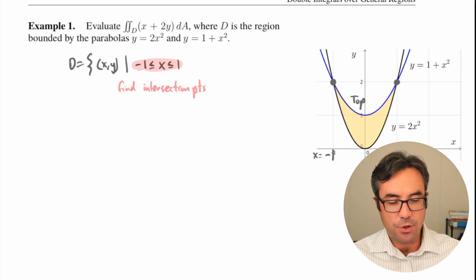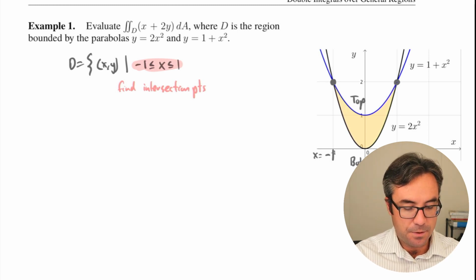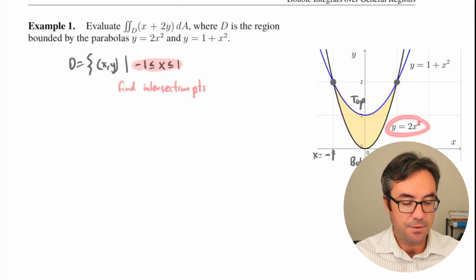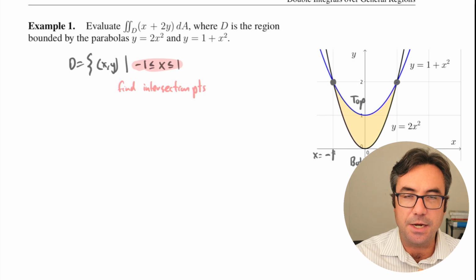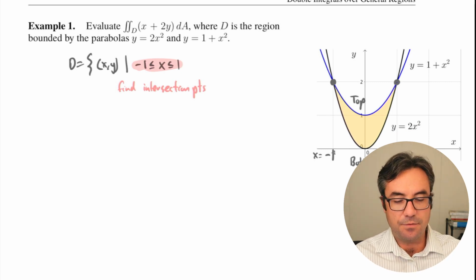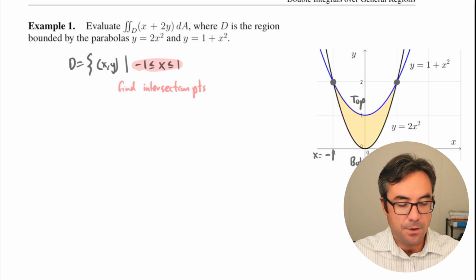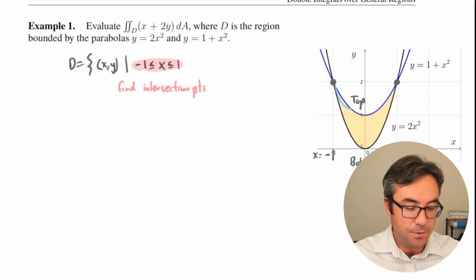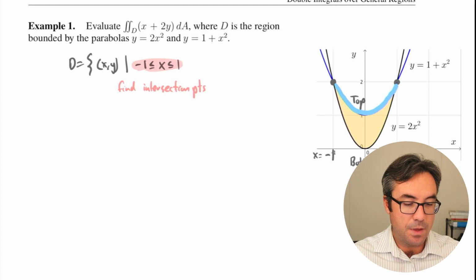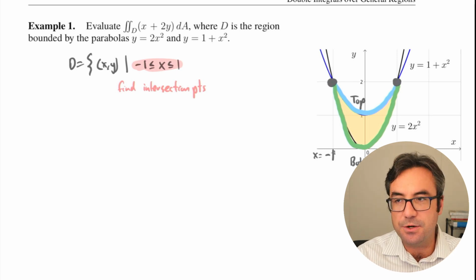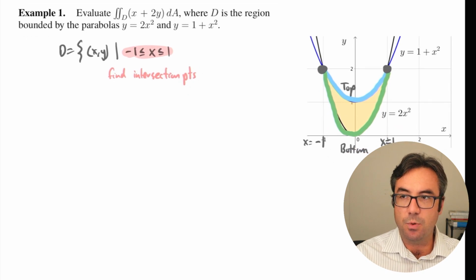And then our bottom curve is the 2x squared. That one's lower on the page. So we have our top curve, and then we have our bottom curve. And we're looking at the region sitting in between those two curves, going from intersection point to intersection point.